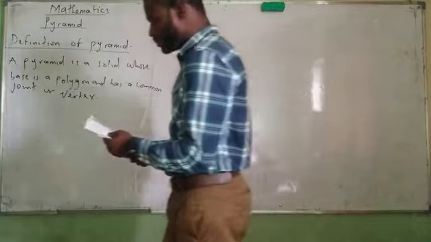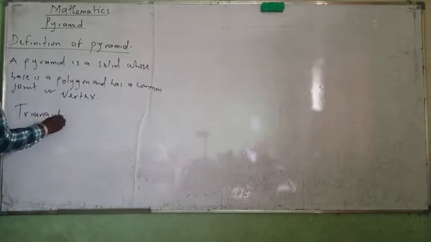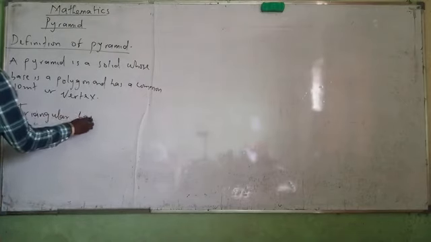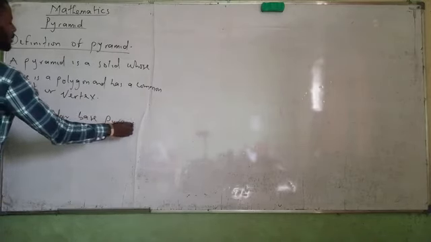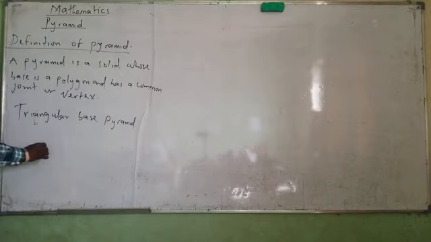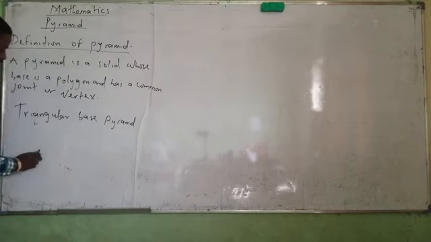Number one, I can move on to what is called the triangular base pyramid. A triangular base pyramid is always like this. Sorry, permit me to draw this very well.